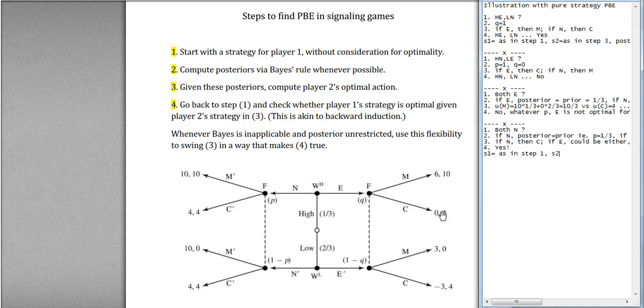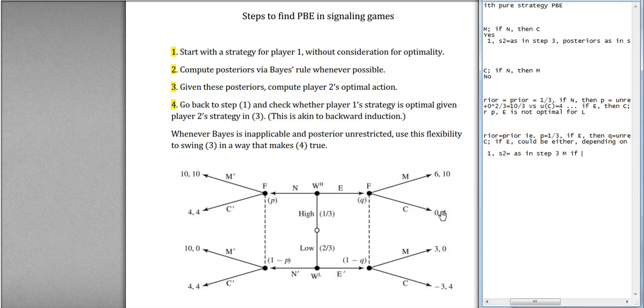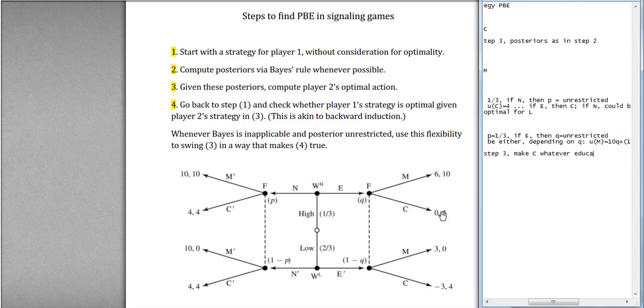The strategy of player 2 is as in step 3, that is to say make the job applicant a clerk, whatever the educational status.